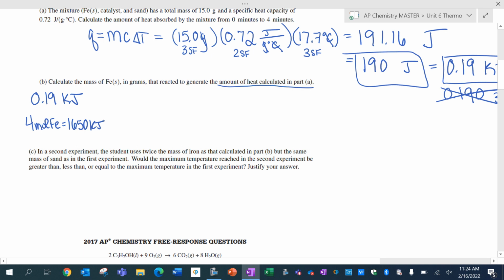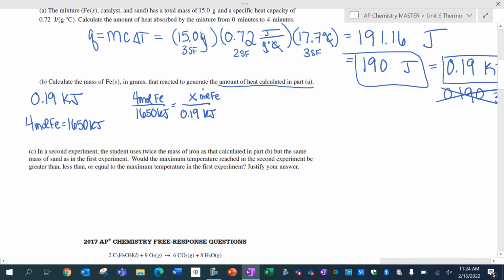So I have a couple options. One is I can write out a ratio. I could say, well, for every 4 moles of iron, I release 1650 kilojoules of energy. So if I want to release 0.19 kilojoules of energy, how many moles of iron would I need?